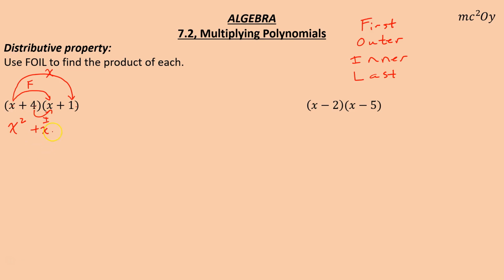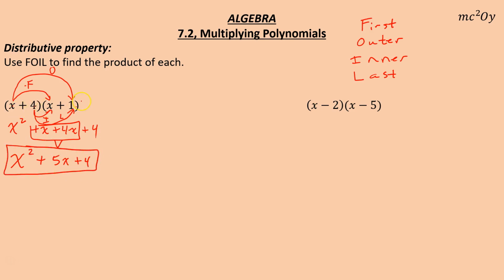And then 4 times 1, the last. That is FOIL. This should have been outer. F-O-I-L. All right, so I get x squared plus 5x. These two things go together to make 5x, combining like terms, plus 4. I have now multiplied it. I multiplied each thing in the first binomial by each thing in the second.